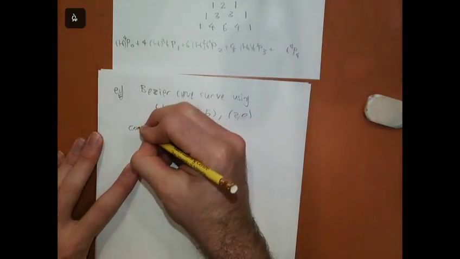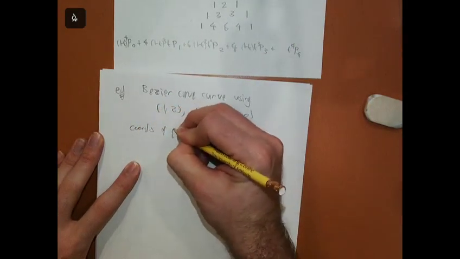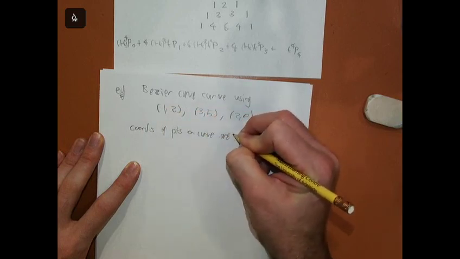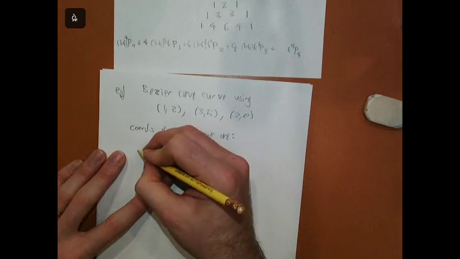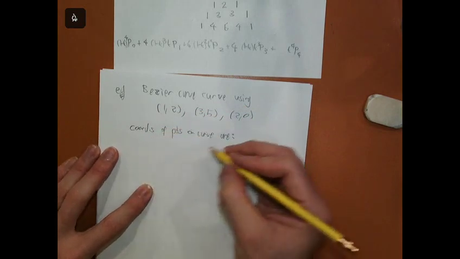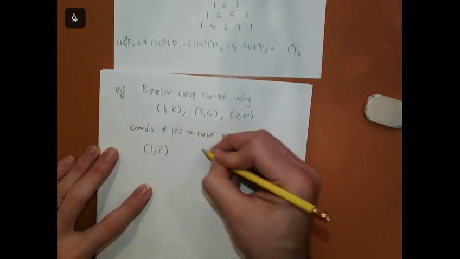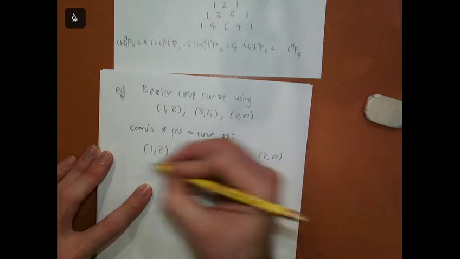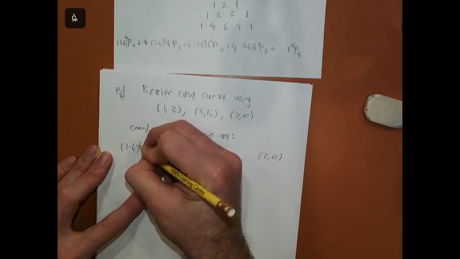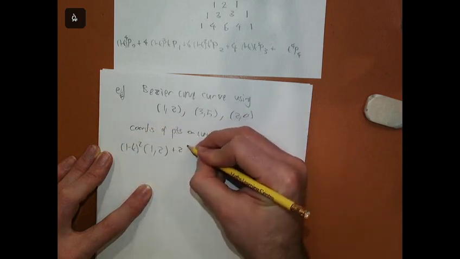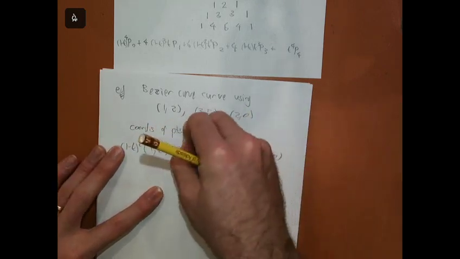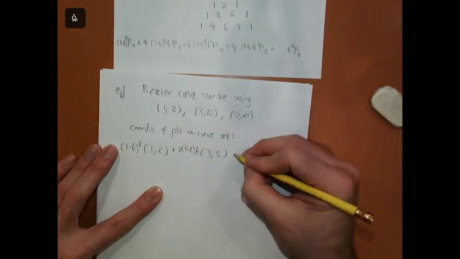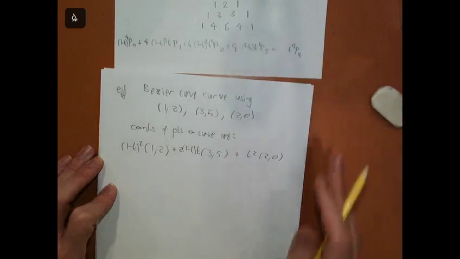So the coordinates of points on the curve are, let's see, we've got 3 points, we've got 1, 2, we've got 3, 5, we've got 2, 0. There'll be 1 minus t squared of these, 2, 1 minus t of these, and t squared of these.